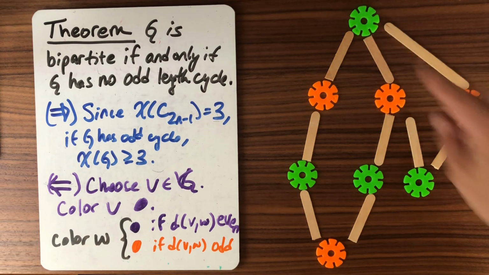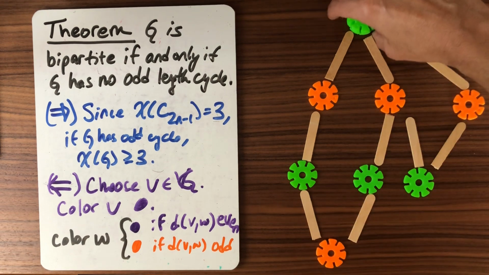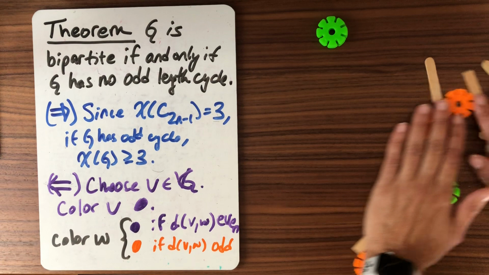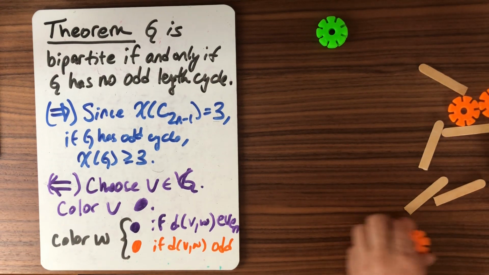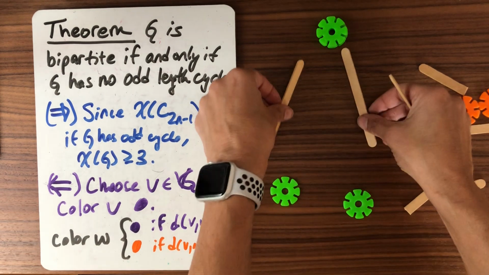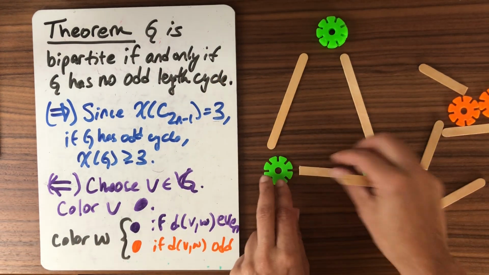So let's take our initial vertex. Maybe we'll make it nice and big so we can see this is our initial guy, okay? That's our first vertex, V. Now, how do I know that I don't come down here later and I've got some guy that's some number of edges away and some number of edges away. I've got 2 green ones and they have an edge between them.